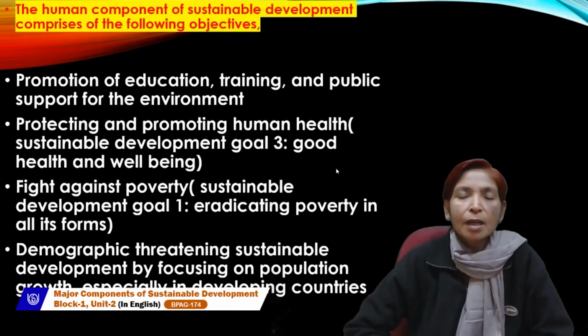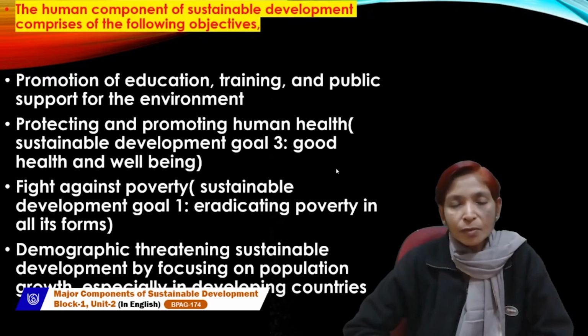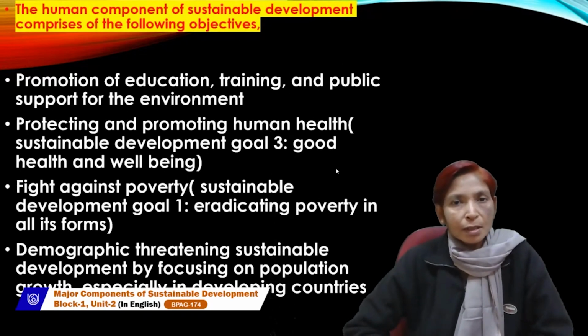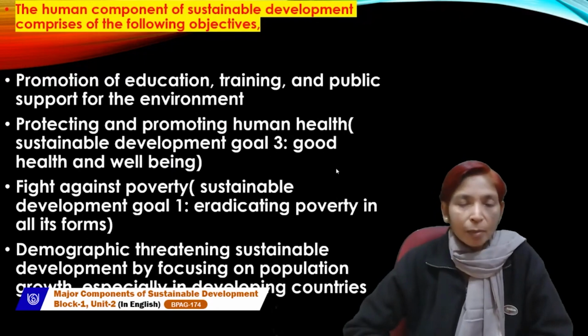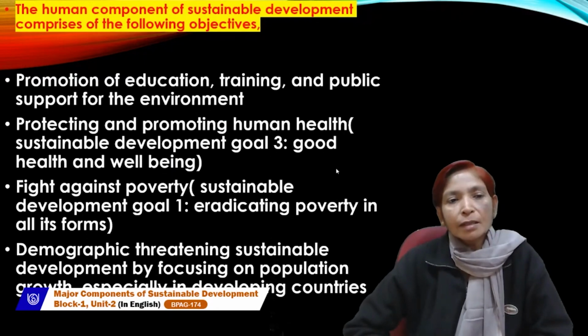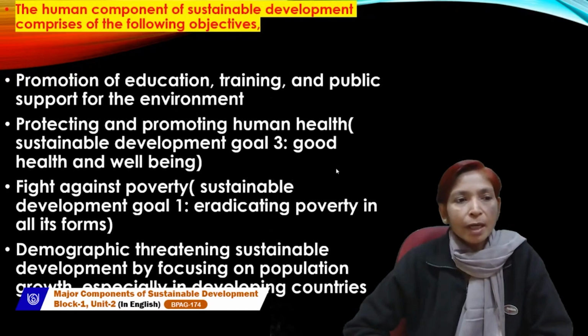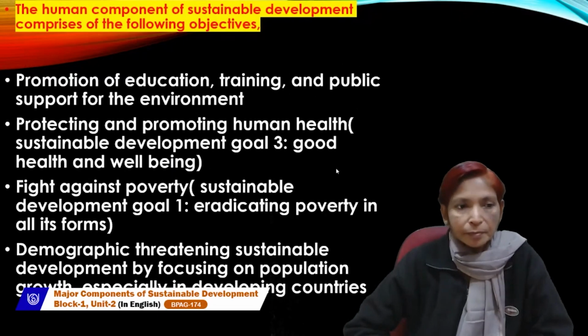If people are highly educated and well trained, and public support is also very necessary for the preservation of the environment. Second, protecting and promoting human health for the sustainable development goal of good health and well-being.